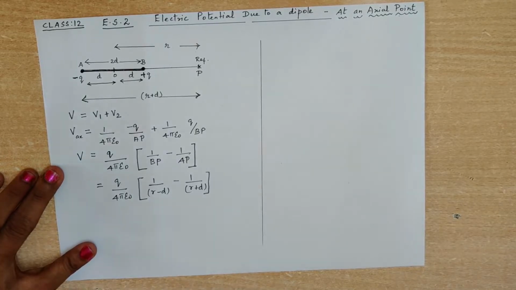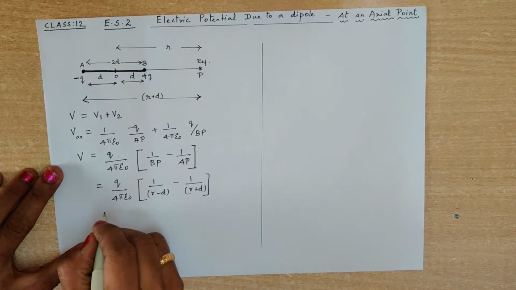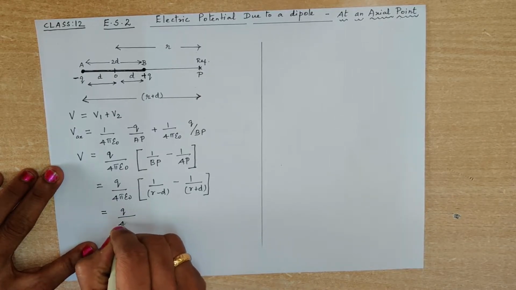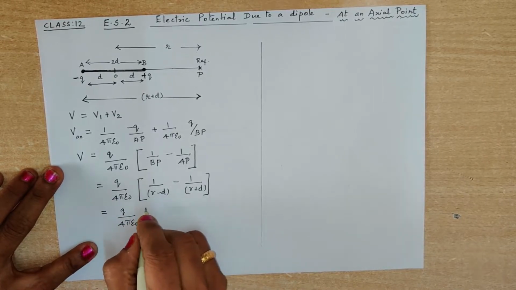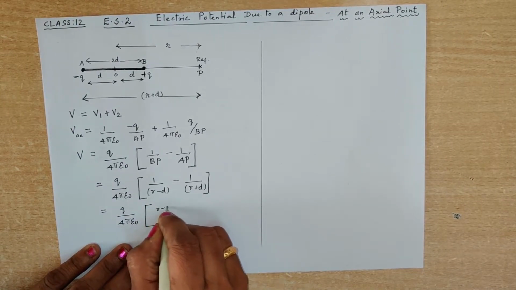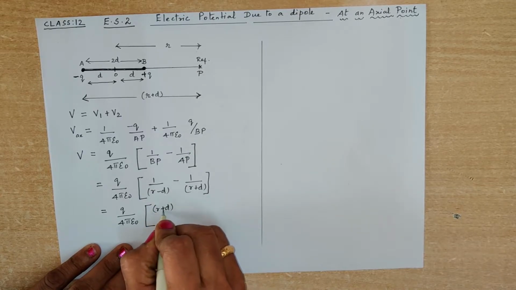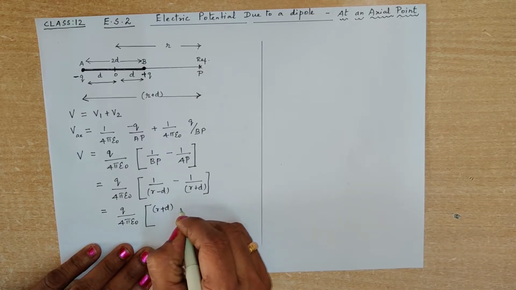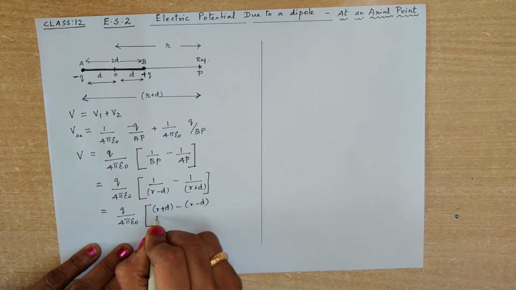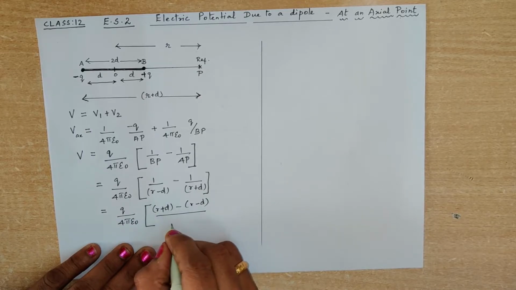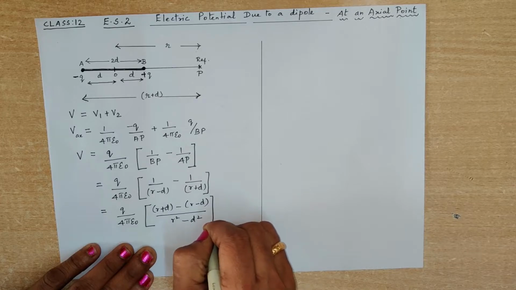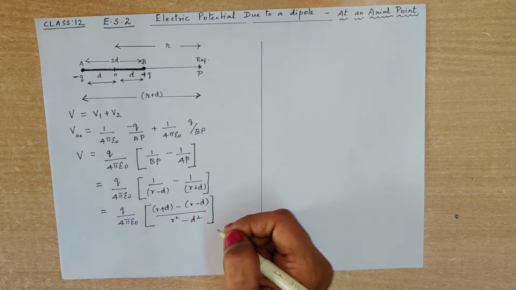When we rearrange and simplify this term, q upon 4 pi epsilon naught, we write r minus d, plus d, with the minus already there, and in the denominator we write r square minus d square. You can do it by yourself and get the final expression.